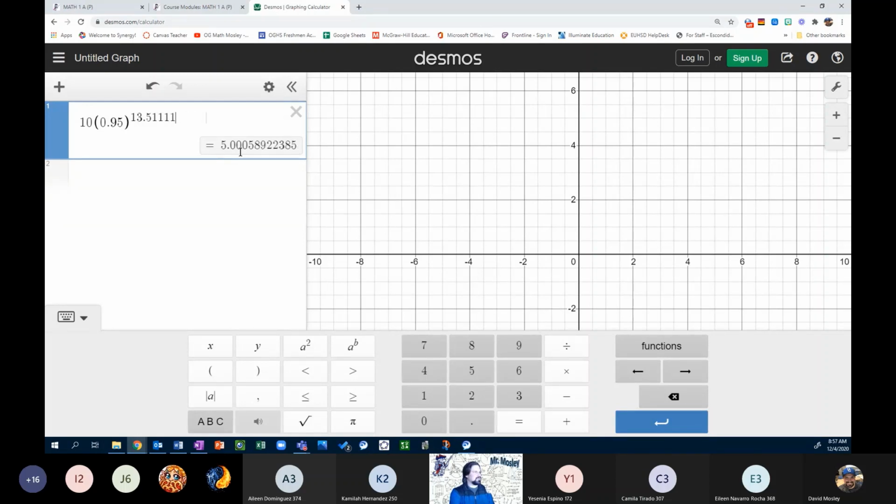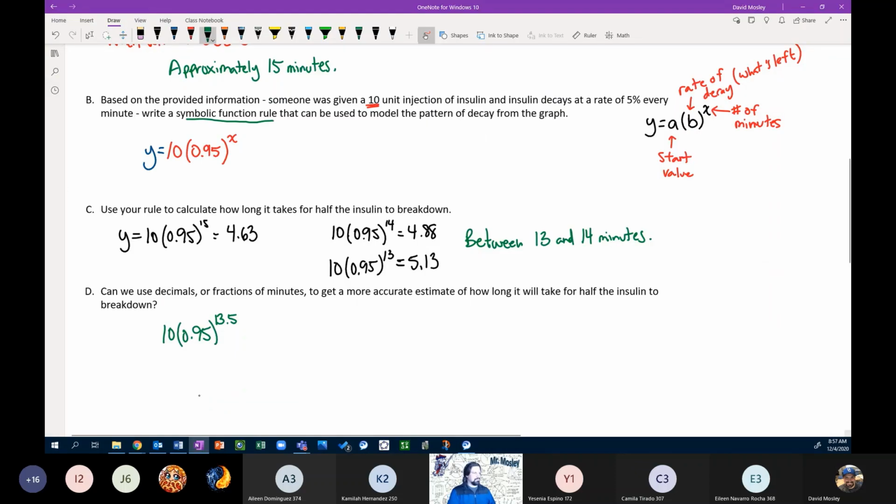Keep adding more decimals, right? Might get closer, but that doesn't really help enough. 13.5 is about as close as we need to get. We're at 5.00. It's pretty much right for 5.0.